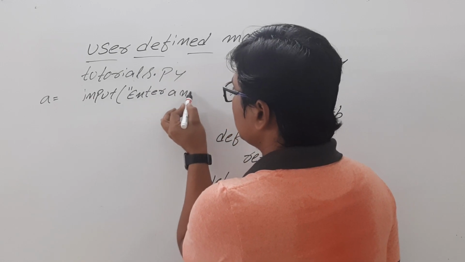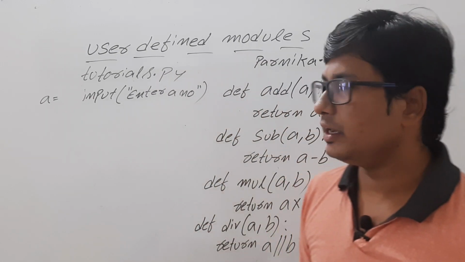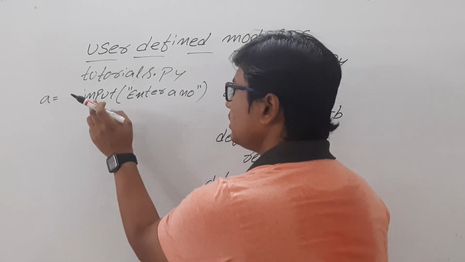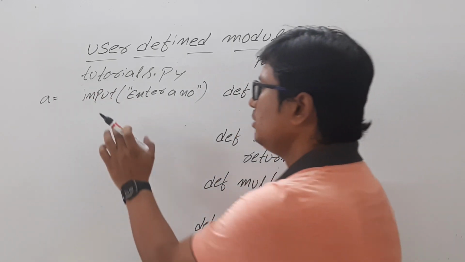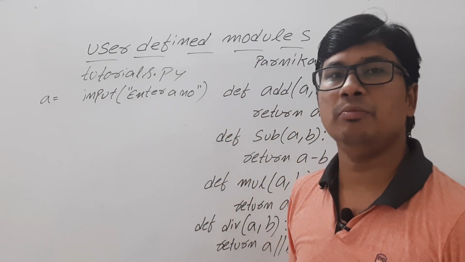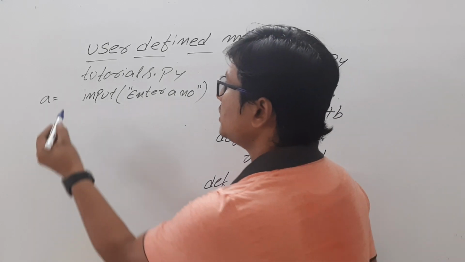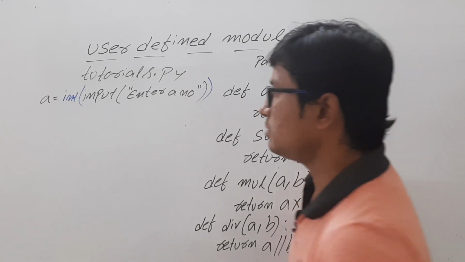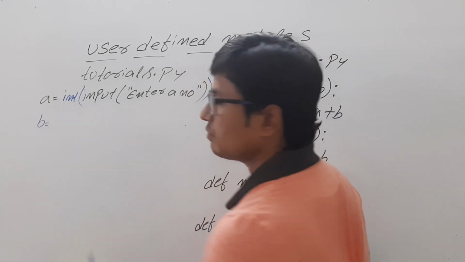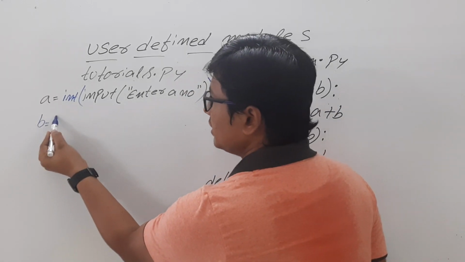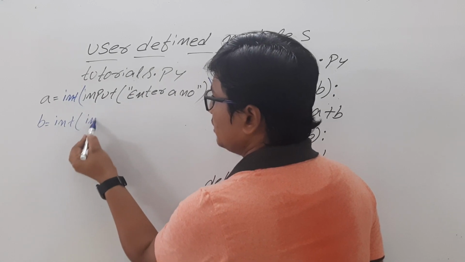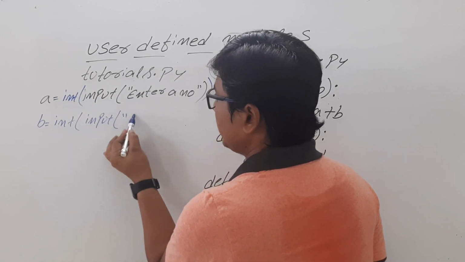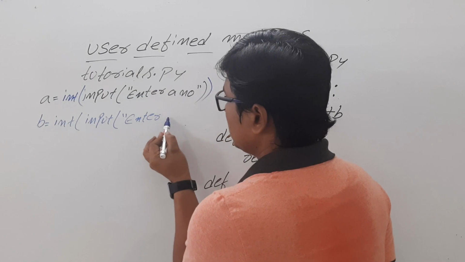So you are reading a number from the user, and you know about the input function. The input function returns everything in the form of a string, but you want to convert it into an integer, so you do the typecasting by giving int. Similarly, if you want to read another variable, you do the same: int input, enter another number.